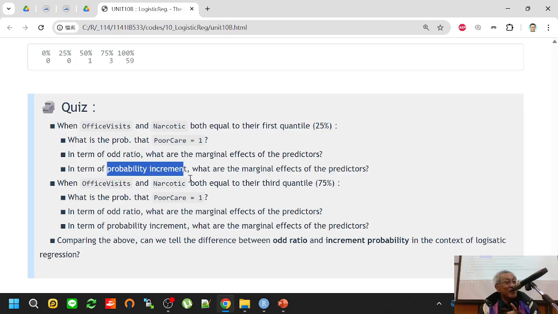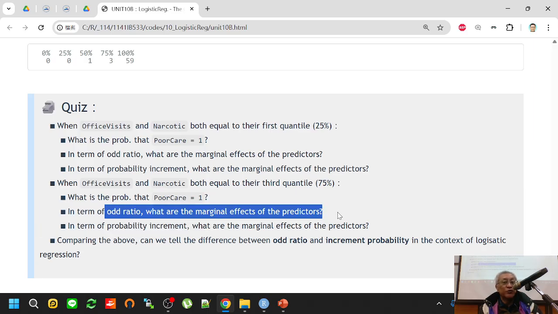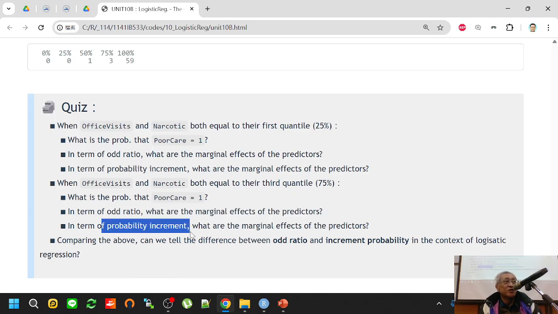That increment will change if you change the value of x. The odds ratio would not change; it would always be the same, because the coefficient is the same. But the increment of probability would change when the value of x changes. So this is the practice that I would leave for your homework assignment. Okay, got it?